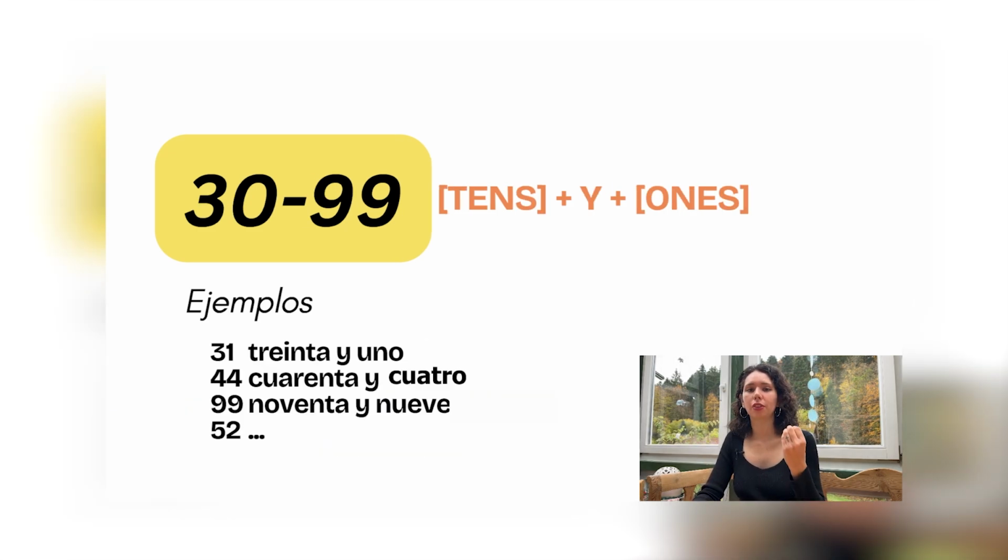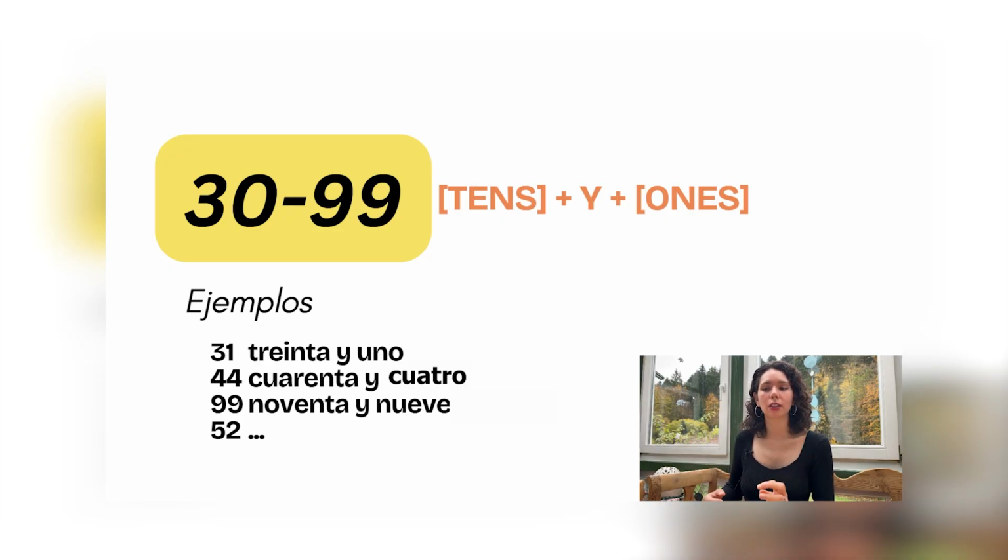Okay, about 30 and the next ones, the pattern is tens y ones. For example, 31 is treinta y uno. 44. 99.